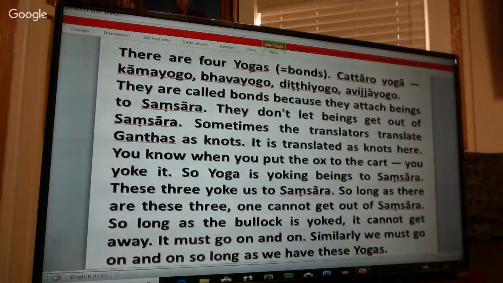Nowadays they do exercise, so that's yoga practice. But here, yoga is a yoke or bond. A yoke is what the bullock, the cow, has on its neck.